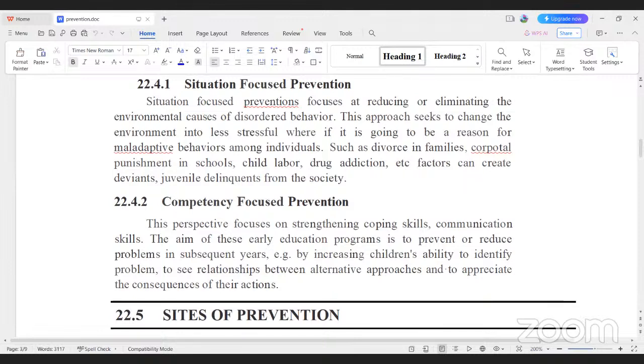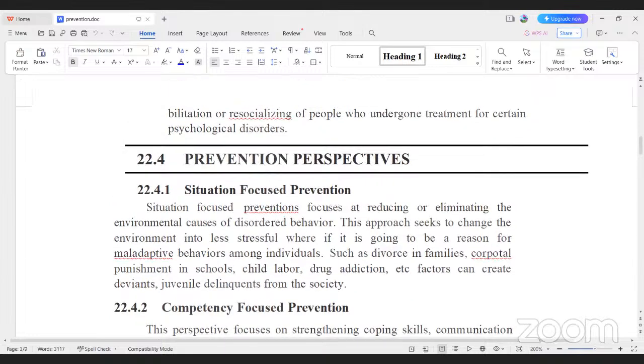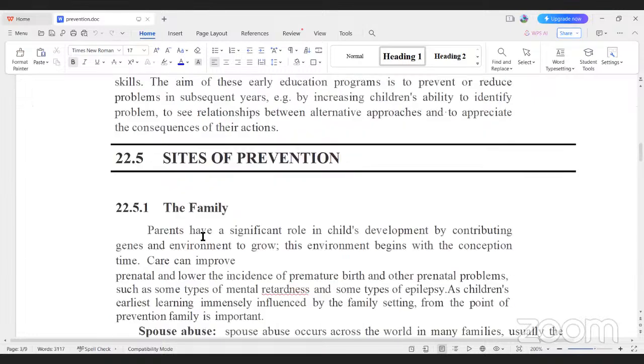So competency-focused prevention means strengthening coping skills, communication skills. The aim of this early education program is to prevent or reduce problems in subsequent years by increasing children's ability to identify problems, to see relationships between alternative approaches, and to appreciate the consequences of their actions. So these are all the preventive perspectives.